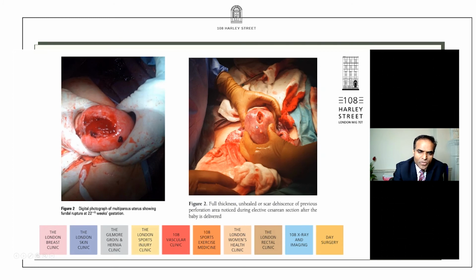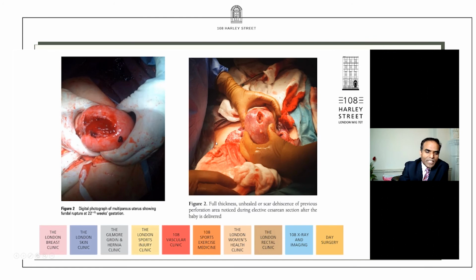The one on your right side, from the Turkish journal, also had a hysteroscopic resection, and at that time they suspected perforation but didn't close it. She fell pregnant, carried to term, and needed a cesarean for obstetric indication. When they opened her up, they realized there was an unhealed uterine defect.